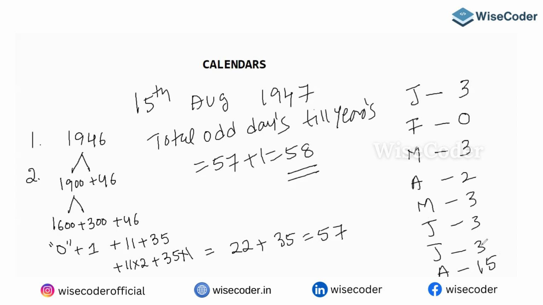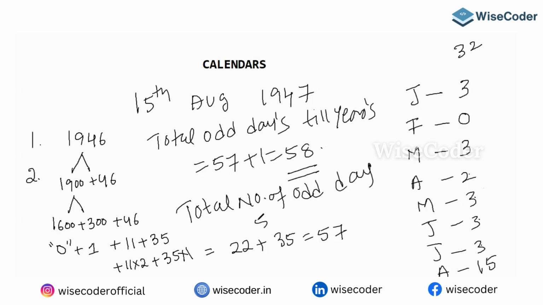15 plus 3, 18. 18 plus 2, 20, 23, 26, 29, 32. So here the total I am getting is 32. Let me add one more time: 18 plus 2, 20, 23, 26, 29, 32.